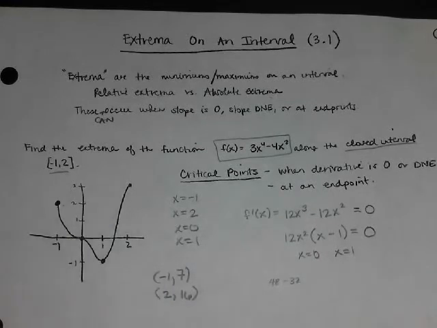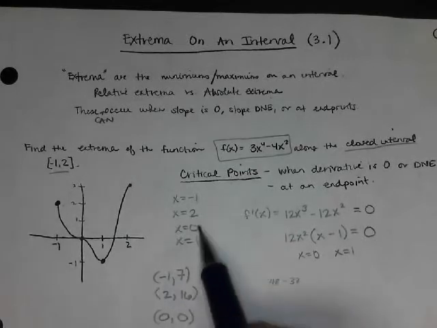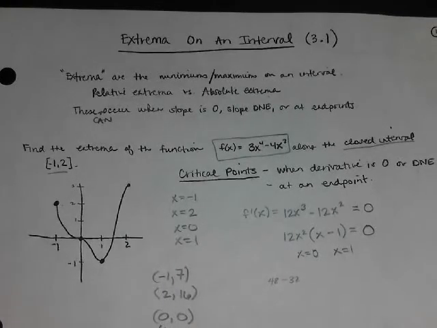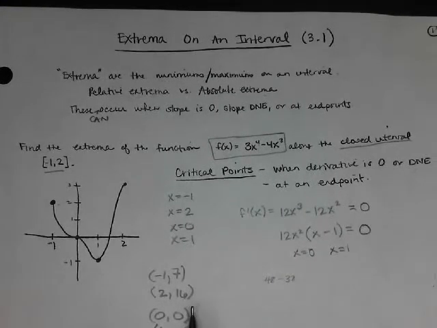Obviously, these y's are off. Sorry about that. x is 0 would give you 0, 0. And x at 1 would give you 3 minus 4, -1.